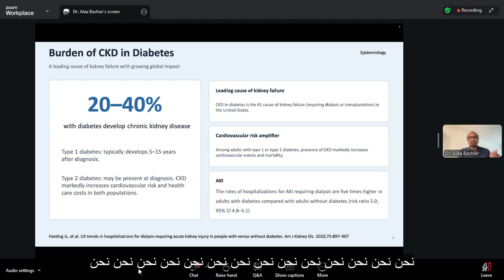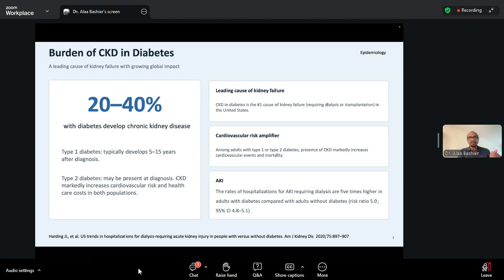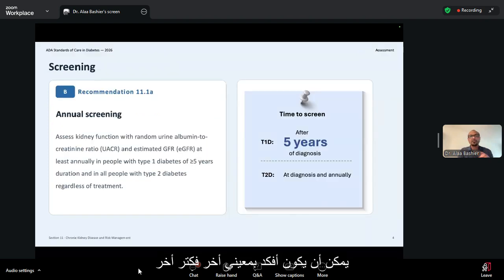We have to remember whenever we use cystatin C that it can be affected by many factors other than kidney function, including inflammation, age, sex, and thyroid function.